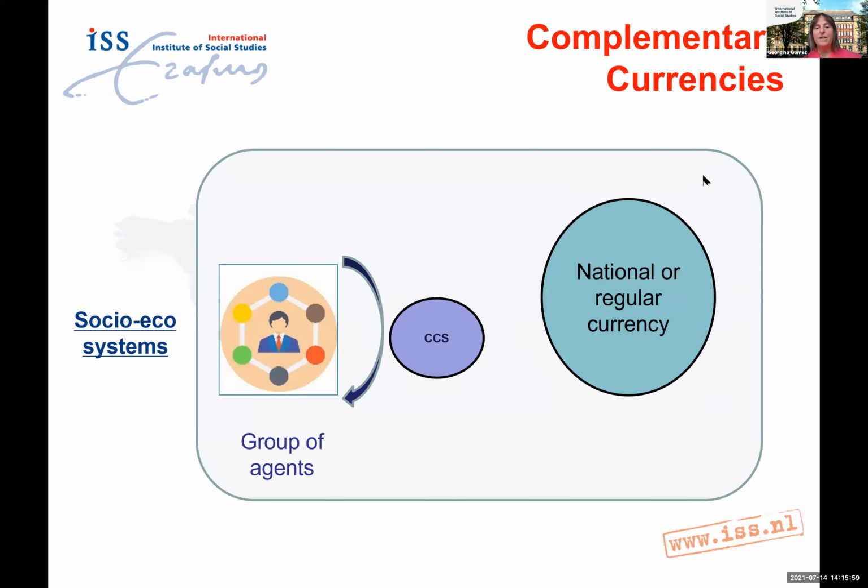This group of agents voluntarily accepts something else that is usually a means of payment, and it circulates in parallel to the national or regular currency. So what you have is specific circuits of groups of agents that accept different means of payment for specific goods or services or for different functions.